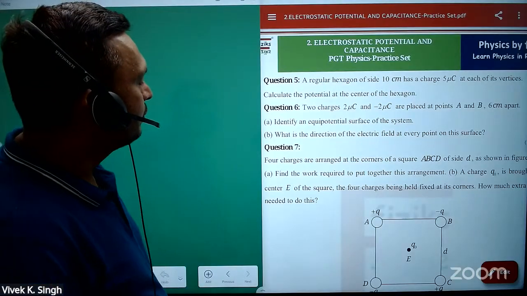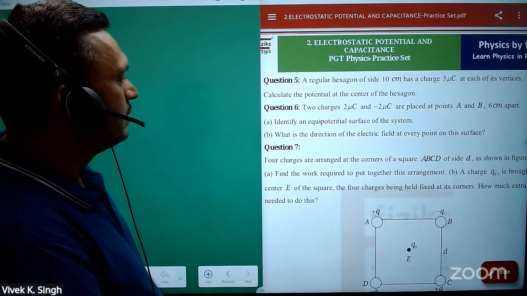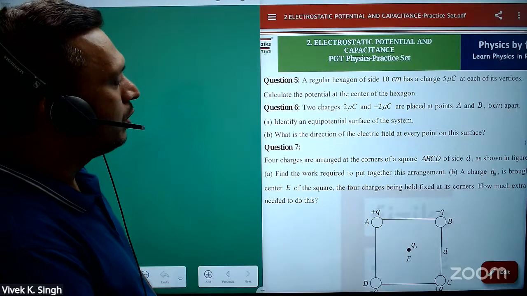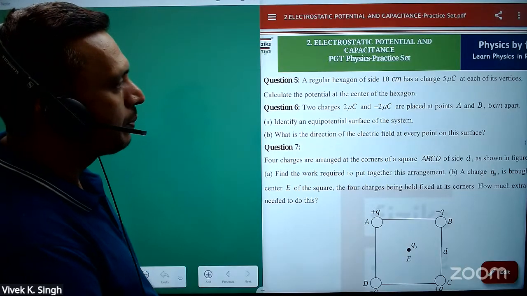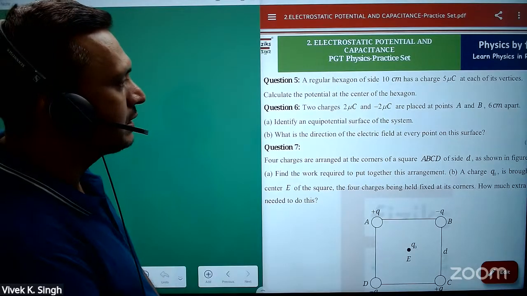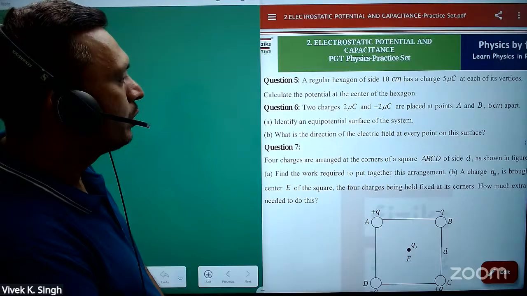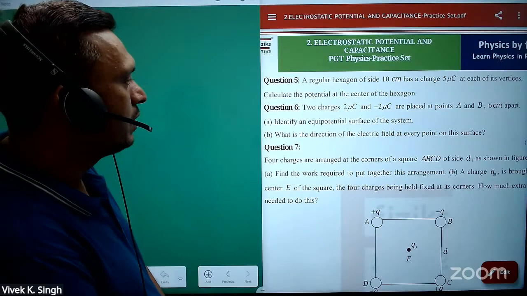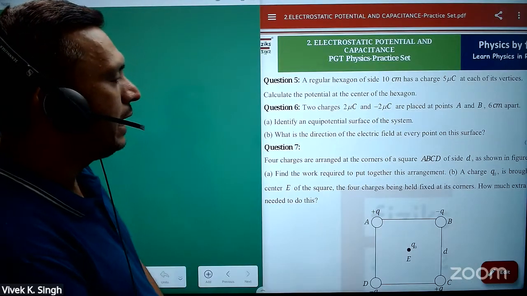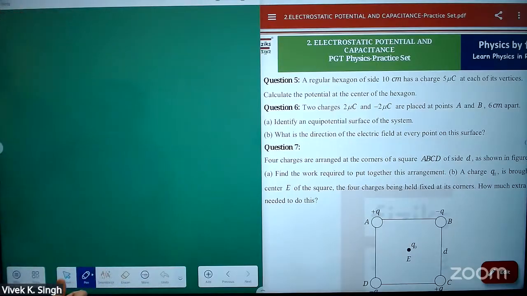Now you have two charges, 2 microcoulomb and minus 2 microcoulomb, placed at points A and B 6 centimeter apart. Identify the equipotential surface of the system and what is the direction of the electric field at every point on this surface.